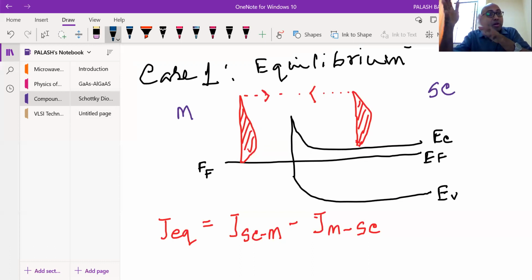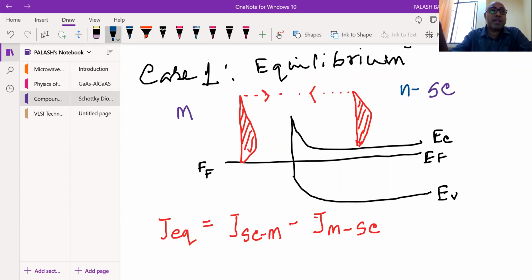Electrons on the n-type semiconductor side are majority carriers. When they transfer to the metal side, they experience the same environment. So the electron behavior is the same in the n-type semiconductor and in the metal side. They are nothing but majority carriers, and majority carriers have higher speed.